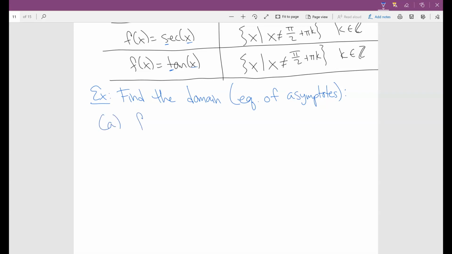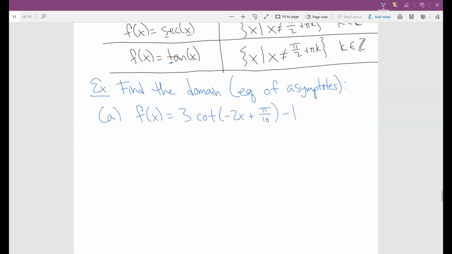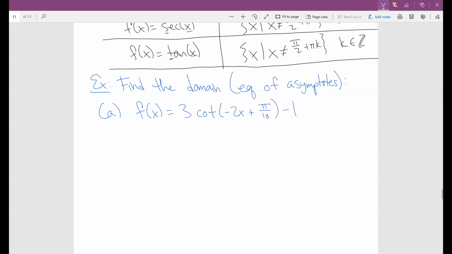So let's say you had f of x is equal to 3 cotangent of negative 2x plus pi over 10, minus 1. How do you find the domain of this? Well, let's first start off with the inside. Remember, you're only looking at the inside. So I do not care about this 3. I do not care about this negative 1. All that does is change the range. The domain is everything that's on the inside.